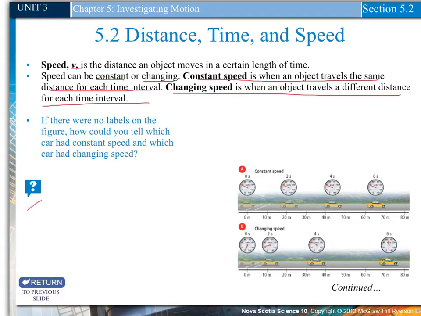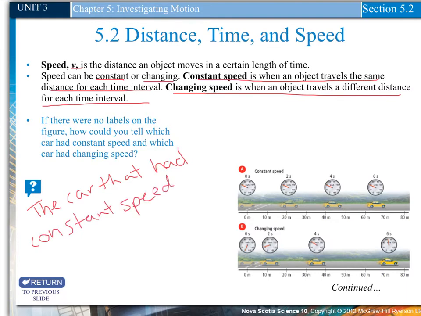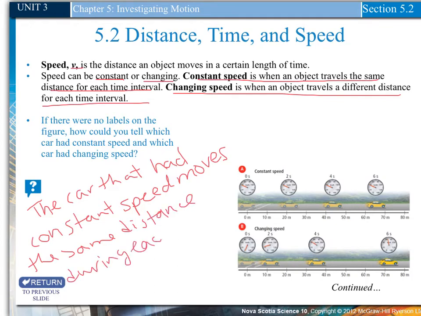Well, the car that had constant speed moves the same distance during each time interval.